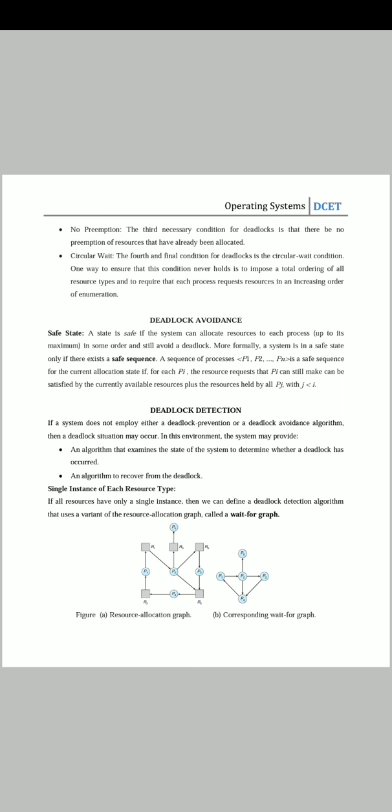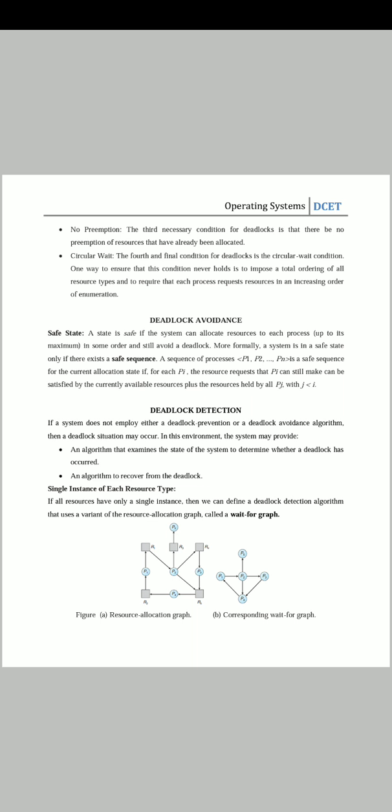We use the same concept in deadlock avoidance. If the system has plenty of resources, only then will those resources be allocated to the processes. Until it has the resources, they will not be allocated. That is the concept behind the banker's algorithm.